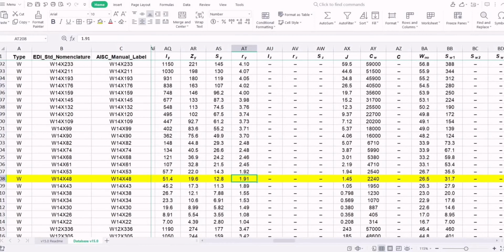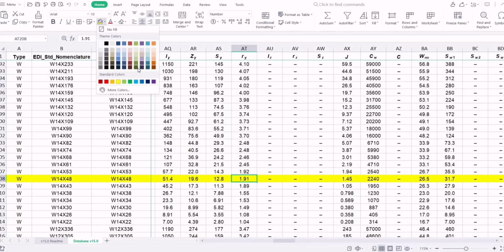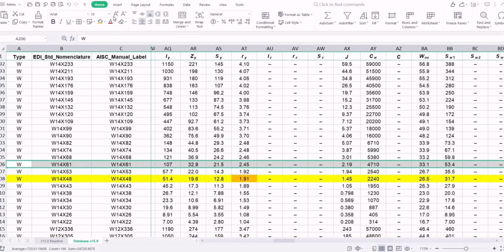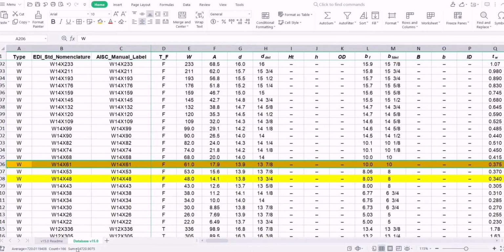Okay, so I'll be trying W14 by 61. So for the properties of the W14 by 61, we need its area.